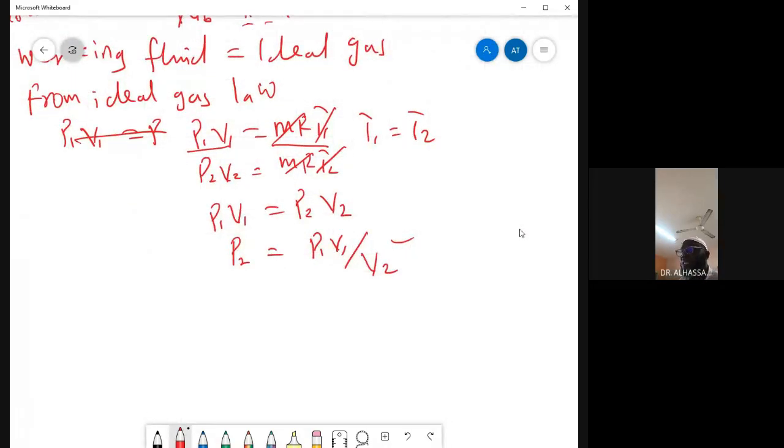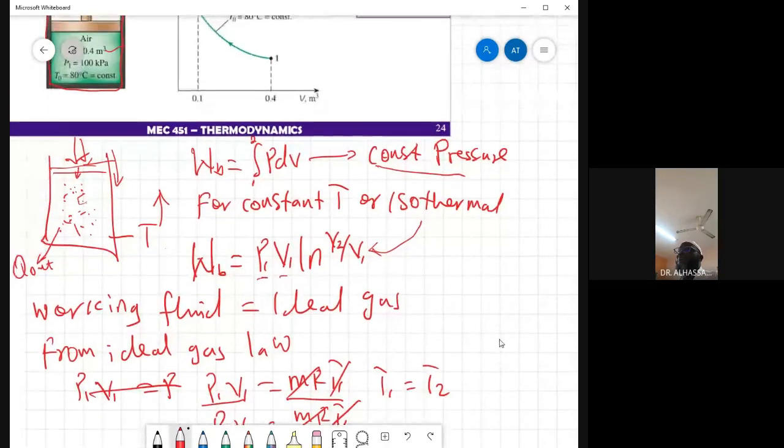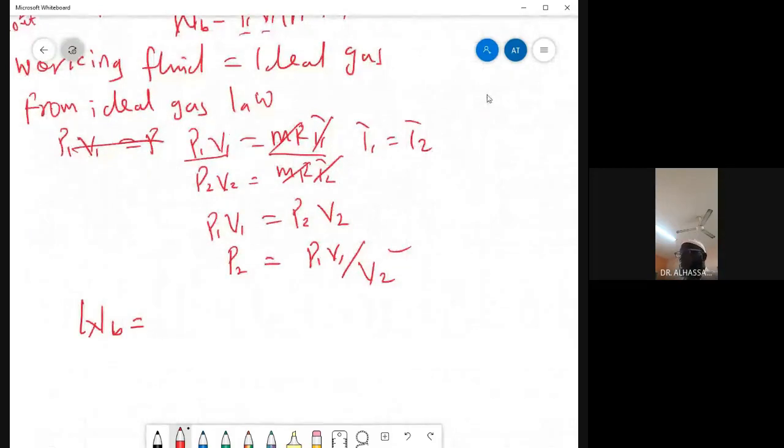So quickly we will find the boundary work, which equals P1, the initial pressure, given by 100 kilopascal, times the volume V1, which is 0.4 meter cube, times log of V2 divided by V1, which is 0.1 divided by 0.4.